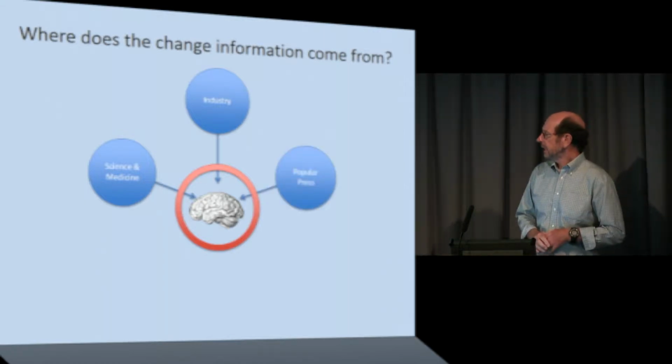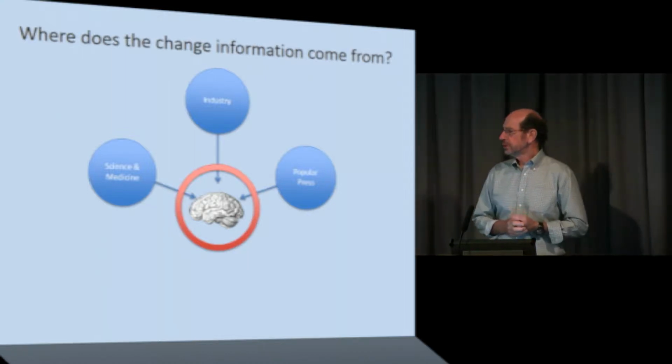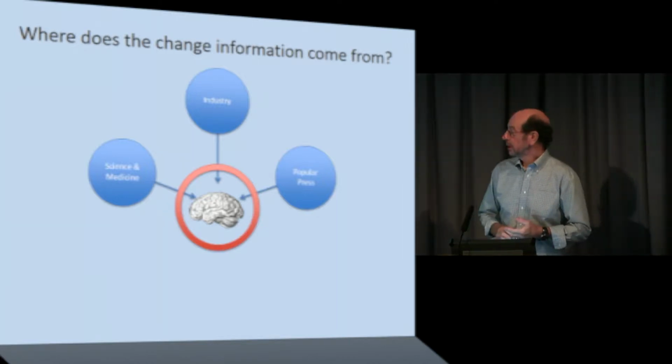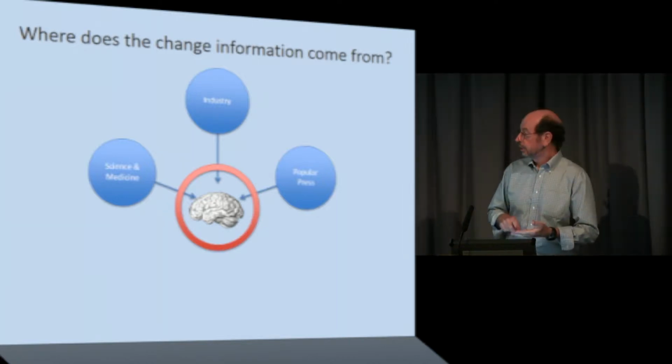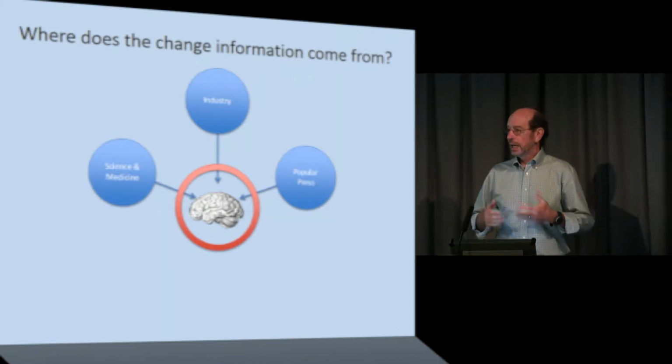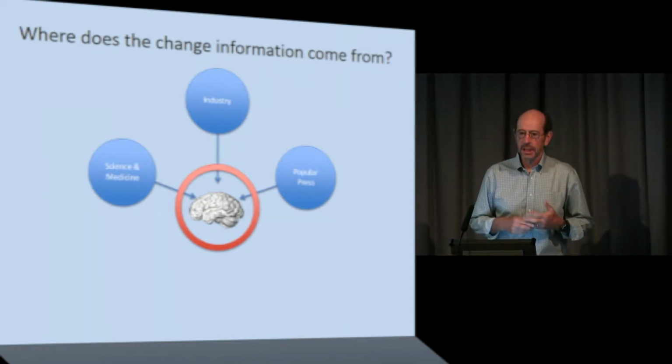Popular press has become an amazing source of health information. Most of the major newspapers, at least the ones I read anyway, The Guardian, the New York Times, they all have their wellness columnists, their health columnists.